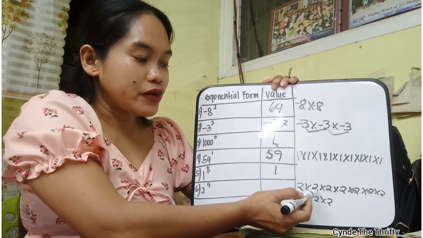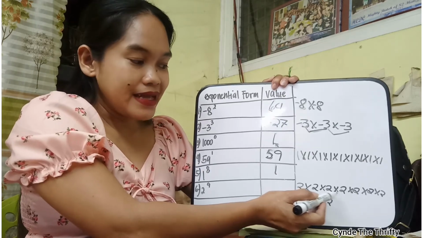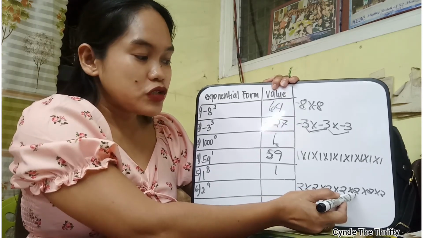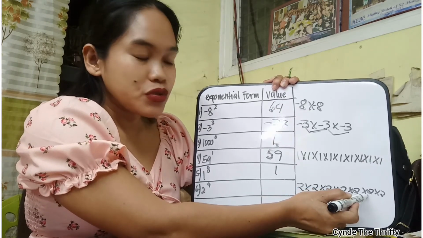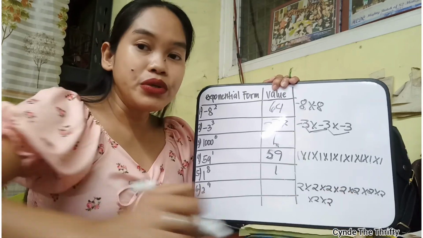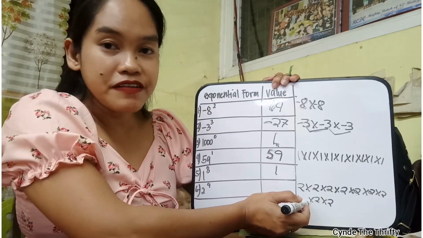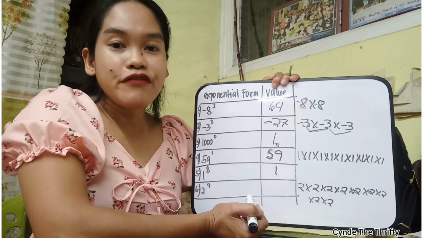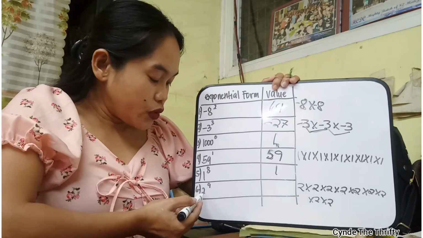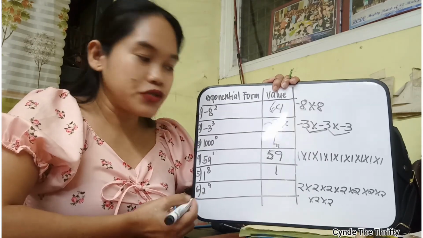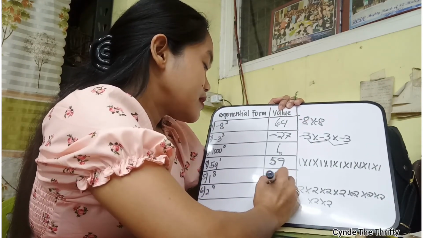So, 2 times 2 equals 4, times 2 equals 8, times 2 equals 16, times 2 equals 32, times 2 equals 64, times 2 equals 128, times 2 equals 256, and times 2 equals 512. So, 2 raised to the power of 9 is equal to 512.